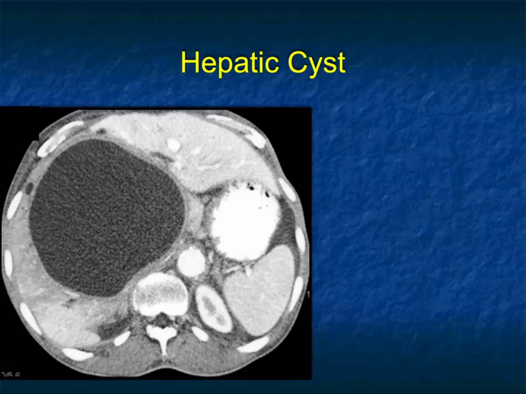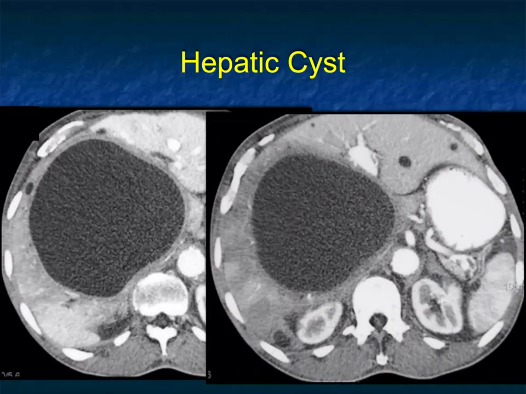Now, I mentioned before that hepatic cysts do not have enhancement, and I showed you an example where the artery was compressed. But it's also important to recognize that if hepatic cysts are critically located centrally, they can push on the IVC and can push even on the portal vein, and therefore you can see some perfusion changes.